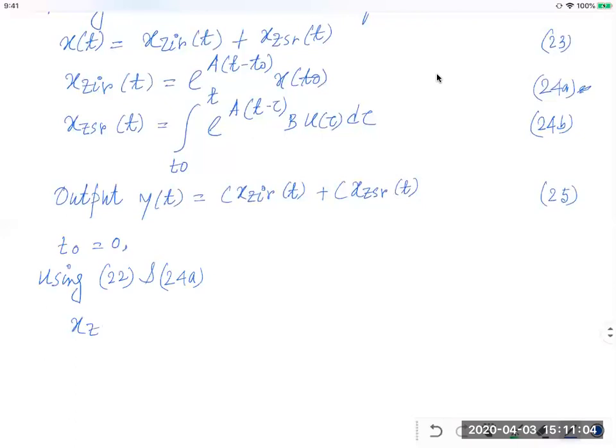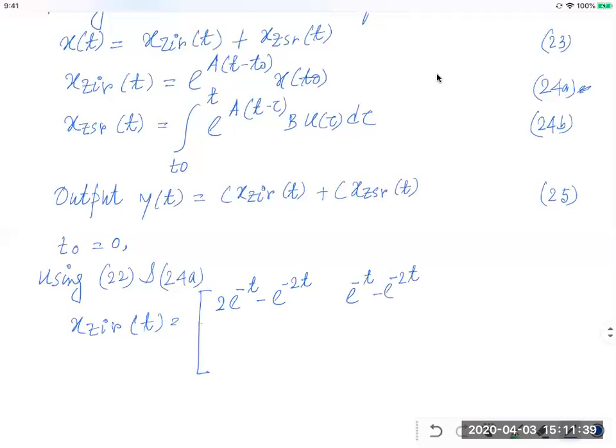x_zir(t) is equal to e to the power At: first the state transition matrix, 2 e to the power minus t minus e to the power minus 2t, second element is e to the power minus t minus e to the power minus 2t.